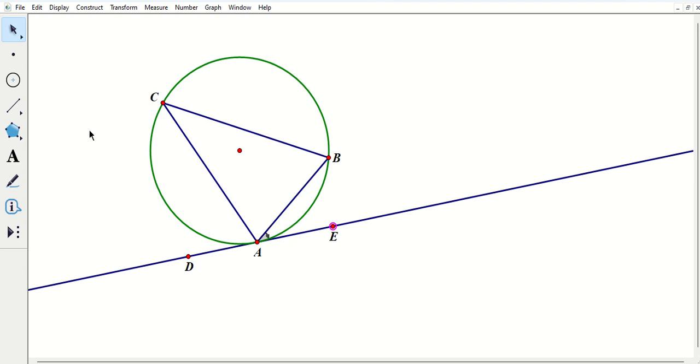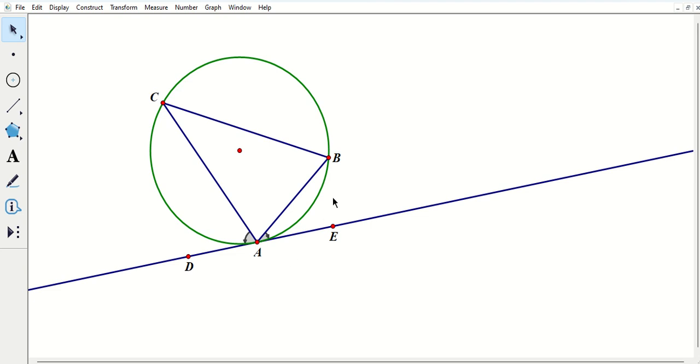And also it forms another angle with chord AC. So that's what I have there. I have the tangent DE forming an angle at A with the chord AC and the chord AB.